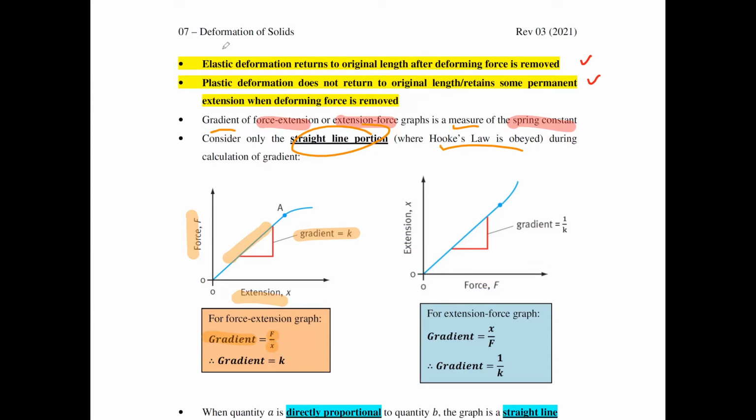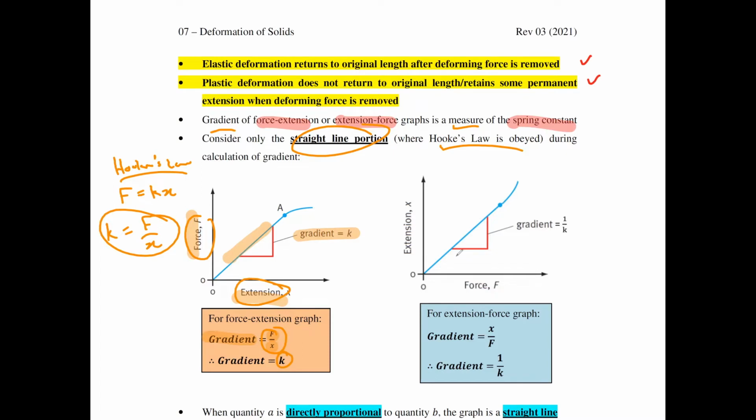So you know that force is equal to kx under Hooke's law. k is therefore F over x. So since you see this F over x here, therefore it's k. So if you have a graph of force versus extension, the gradient is equal to k.